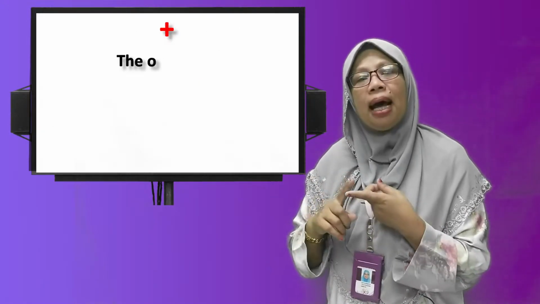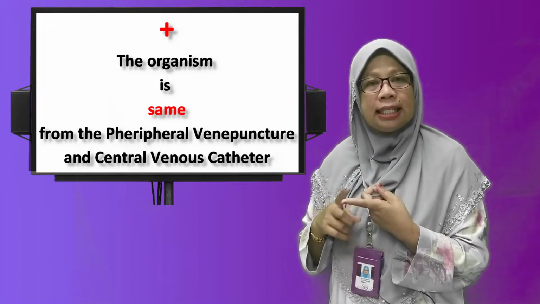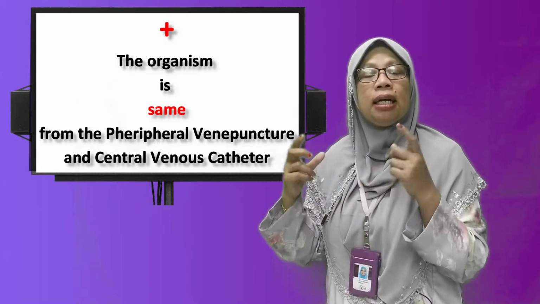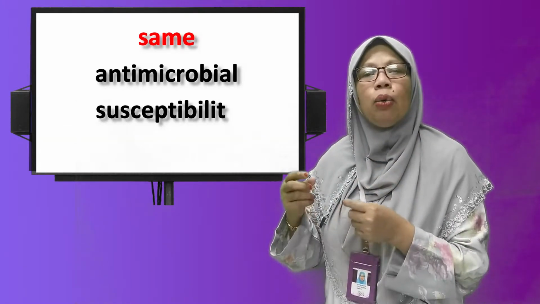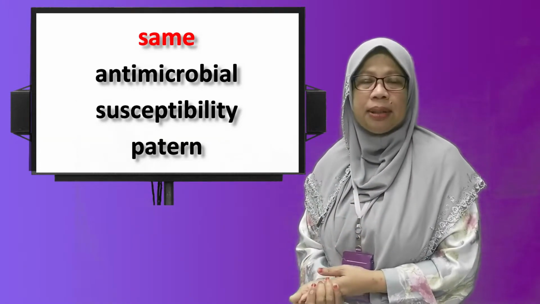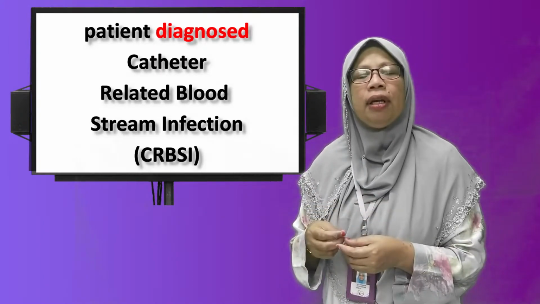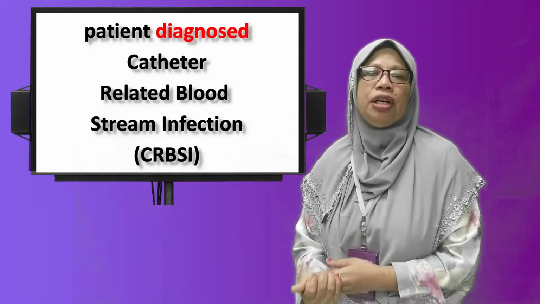So, once this criteria is met, plus the organism is the same from the peripheral venipuncture and also the central venous catheter, the same organism with the same antimicrobial susceptibility pattern, then only we can say that the patient is having catheter-related bloodstream infection.